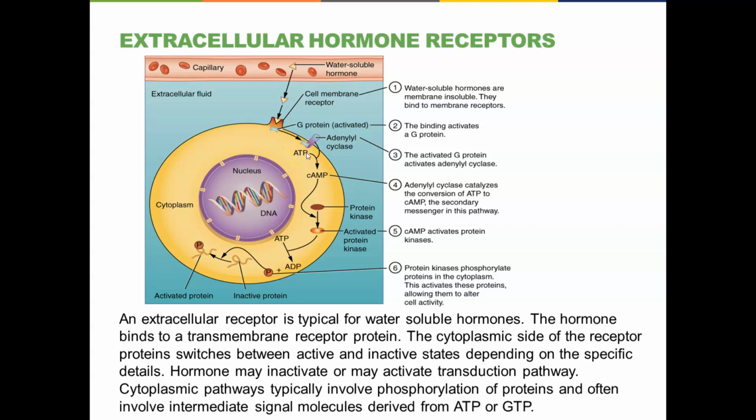ATP is stripped of two phosphate groups, creating cyclic adenosine monophosphate right here, which is a frequently used messenger molecule inside cells, especially for emergency processes to generate lots and lots of metabolic energy. Typically, if you've got a lot of AMP inside a cell, you're running out of energy. And so AMP is a signal molecule to do things to liberate more metabolic energy.